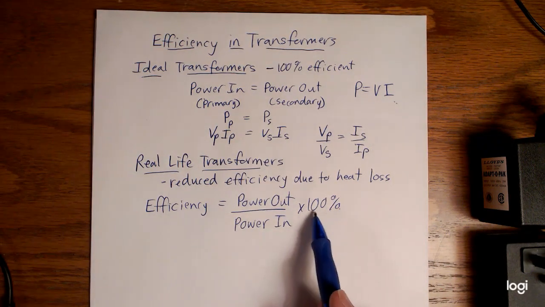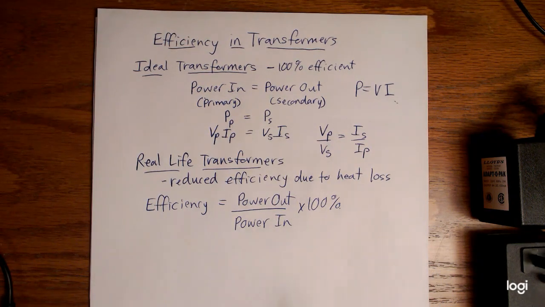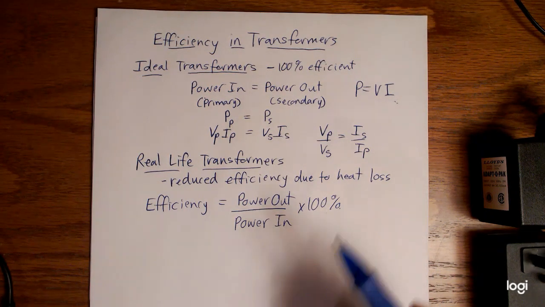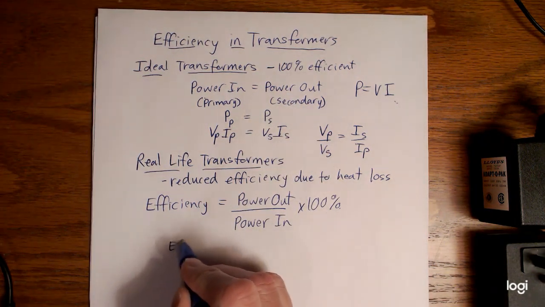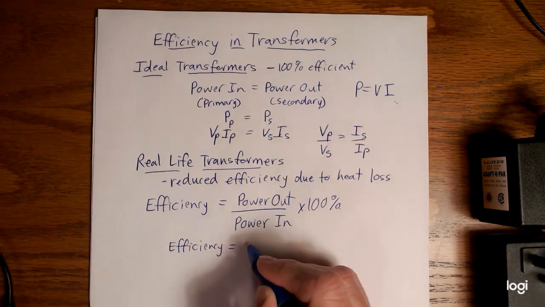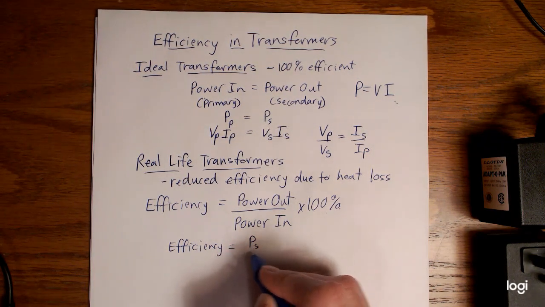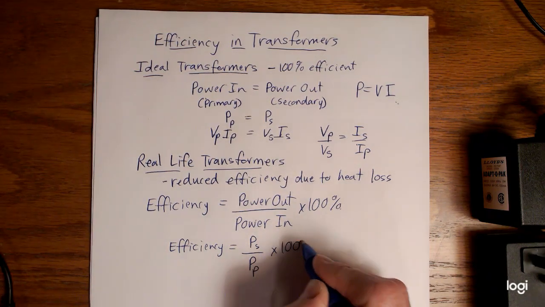Some people ask whether you should write 100 and the percent; well, you understand what we mean. We want it expressed as a percentage. Now, we already said the power out was the secondary, so my efficiency is the power in the secondary divided by the power in the primary times 100%.